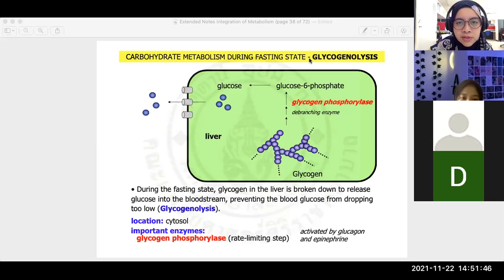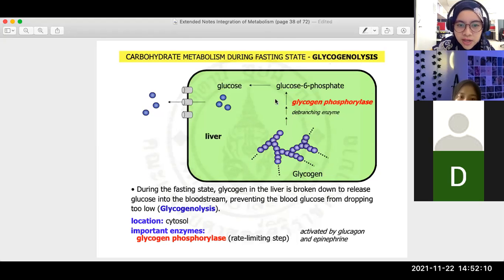So the first metabolism here would be glycogenolysis, meaning the lysis of glycogen or the breakdown of glycogen. What is glycogen? Glycogen is the storage form of glucose. So we want to break down the storage form of glucose, which is glycogen, back into glucose. This reaction takes place in the cytosol, and the important enzyme would be glycogen phosphorylase.